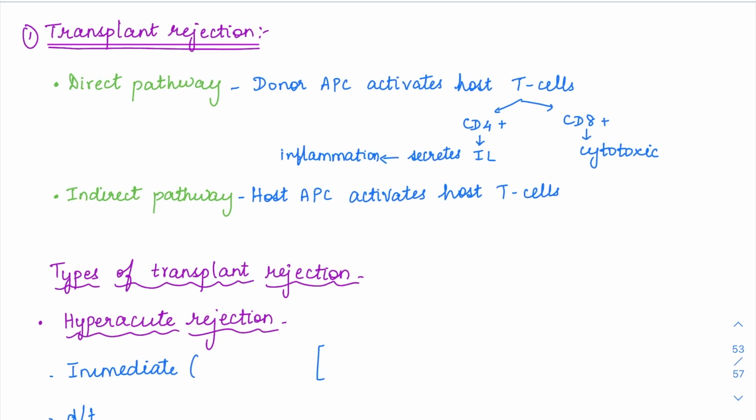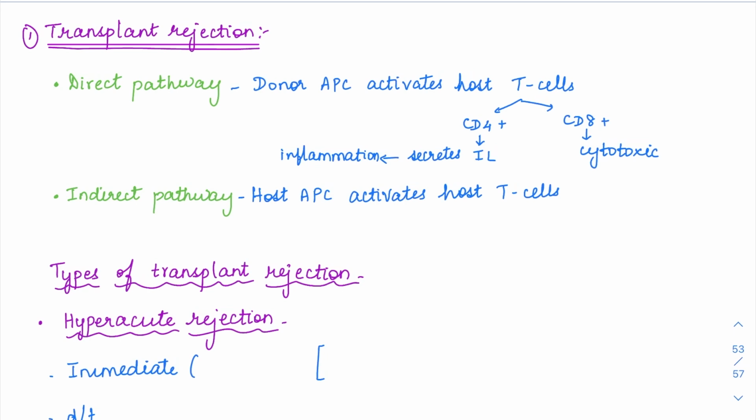Direct pathway is the one in which the donor APC, that is the graft which contains the donor antigen presenting cells, the donor antigen presenting cells itself will take up the graft cell antigens and present it to the host T cells. Okay, so when this happens, the T cells will get activated into either a CD4 T cell or a CD8 T cell.